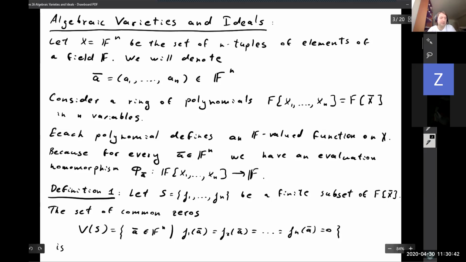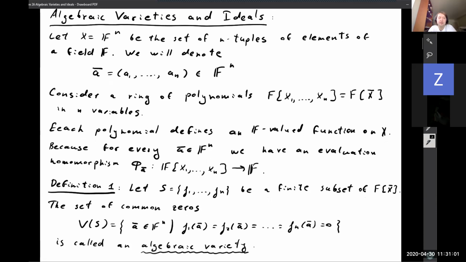And this set is called an algebraic variety. So this is a very special subset of this n-dimensional space, which can be described as the set of common zeros of finitely many polynomials.